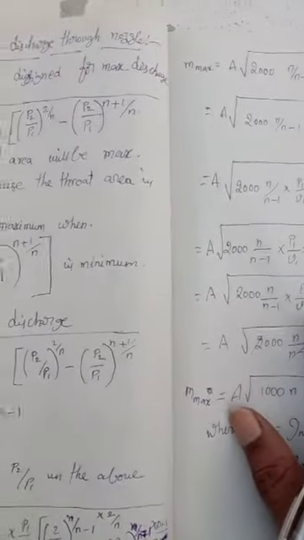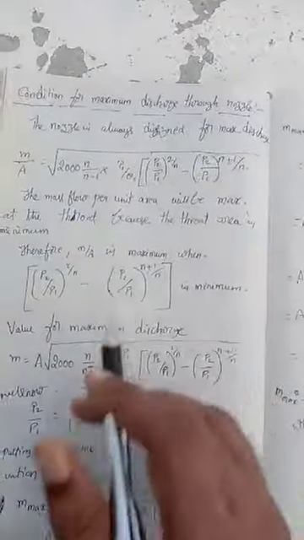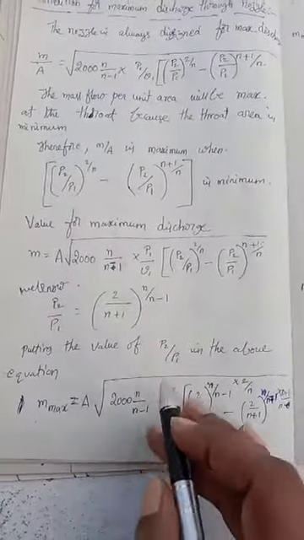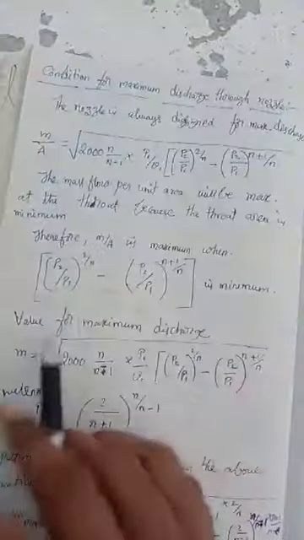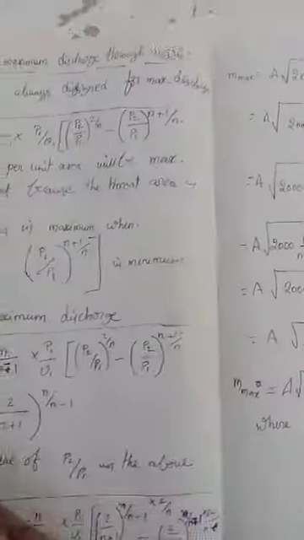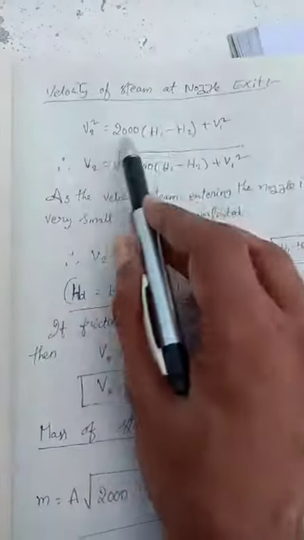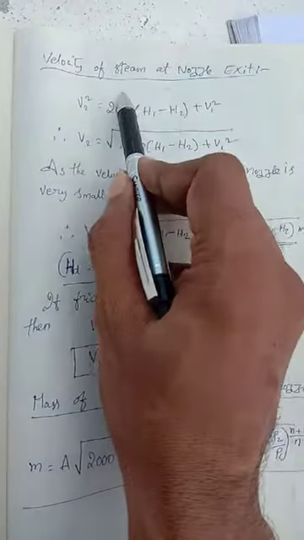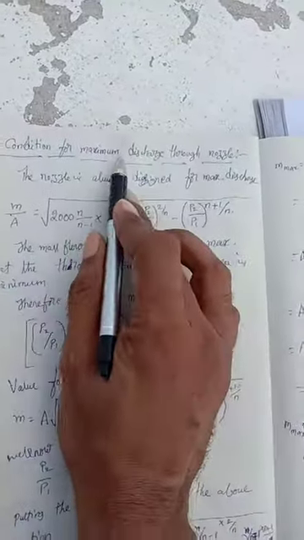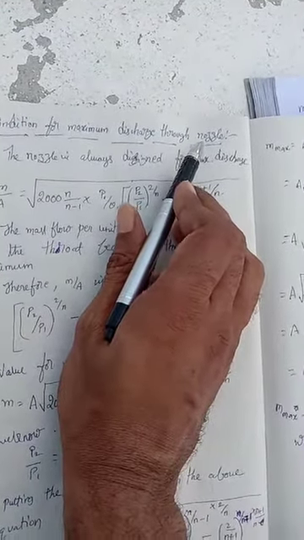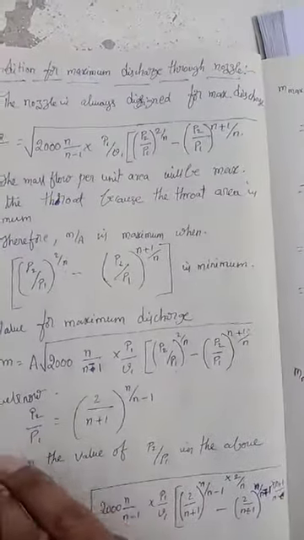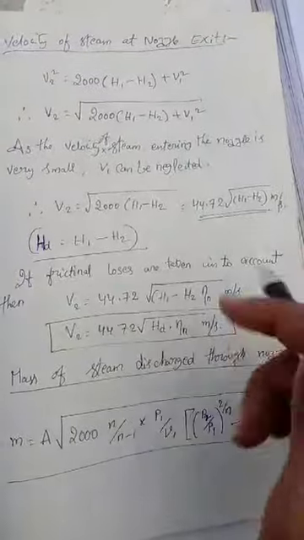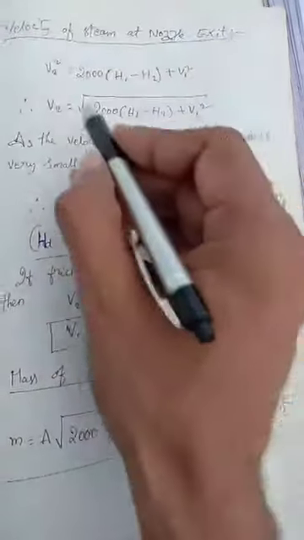Okay, so this is the procedure to solve the maximum discharge of steam at outlet. At the same time, the condition for maximum discharge through the nozzle and the velocity of steam at the nozzle exists. We are going to use these equations to find the velocity of steam at the nozzle and at the same time the maximum discharge through the nozzle. A very important thing is to remember this formula, this equation mainly.